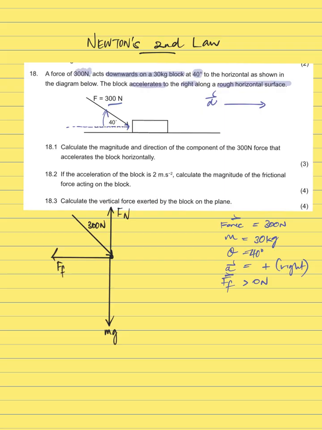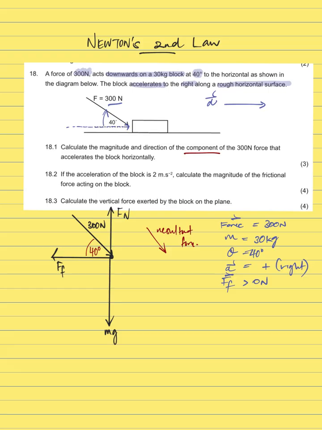Force of friction. All right, let's have a look at our information just a little bit. Over here in this diagram, I know that this angle is 40 degrees. But this angle, this little situation here, that is what we call a resultant force.